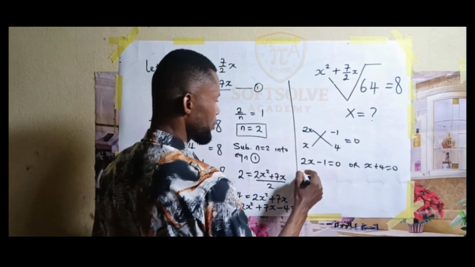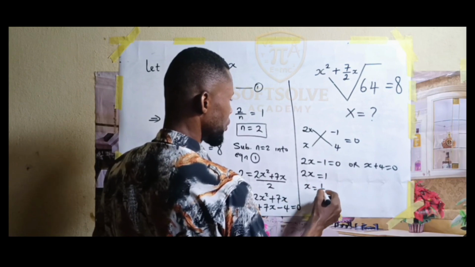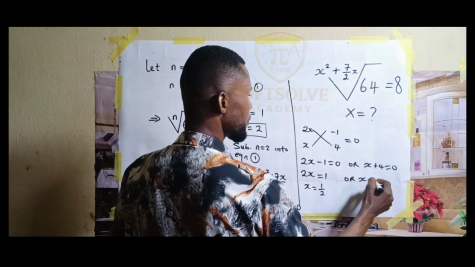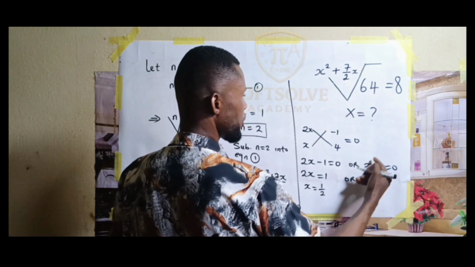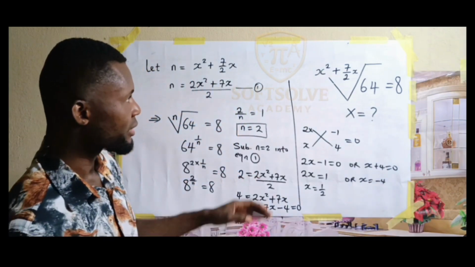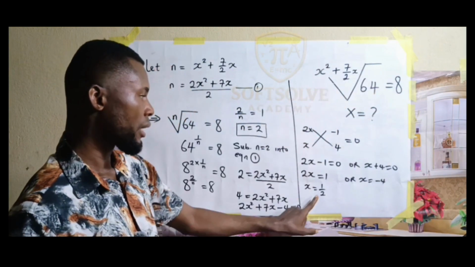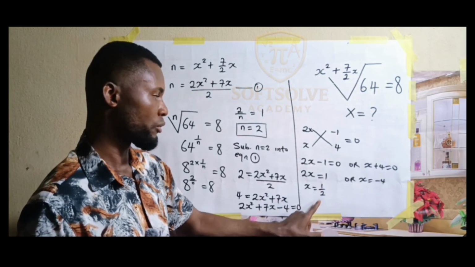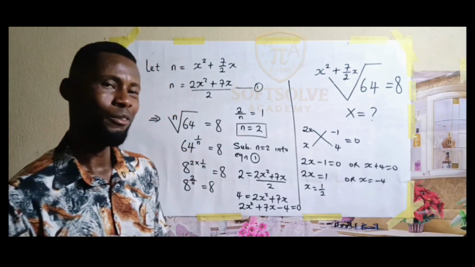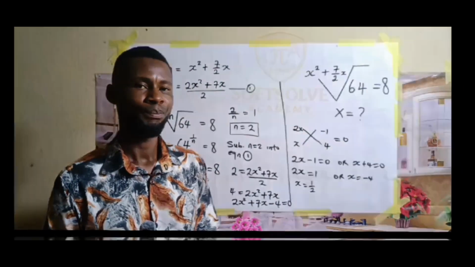So this crosses over to be 2x is equal to 1, then x is equal to 1 over 2, or x is equal to minus 4 when this plus 4 crosses over. Therefore, the two values of x that will make this equation true are x equals 1 over 2 and x equals minus 4. So that is a simple way of solving this particular kind of equation and question.